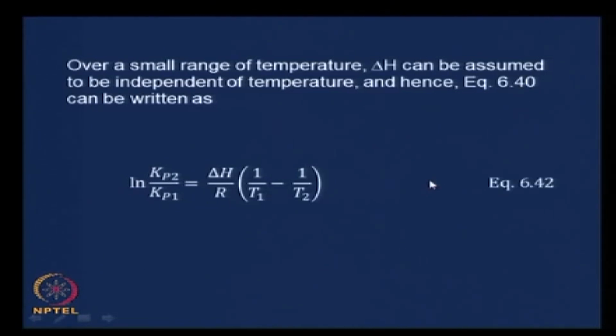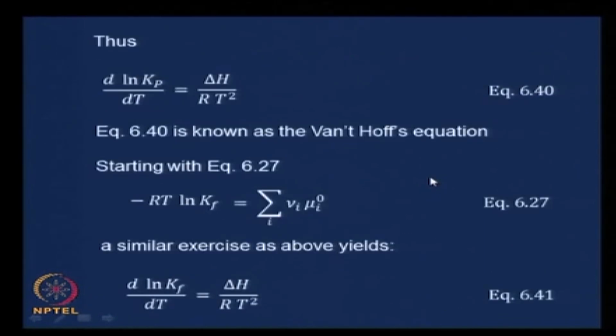Let us go back to equation 640 to see how that comes about. This is equation 640 for Kp. You can do the same thing for 641, Kf. If we integrate this, so integral from T1 to T2, in this case it will be d ln Kp integrated from Kp1 to Kp2, and here it will be integral from T1 to T2 of delta H by RT squared dT.